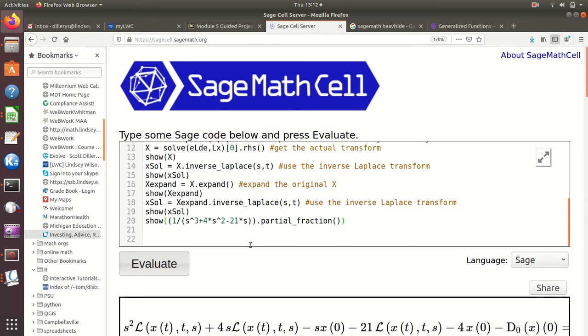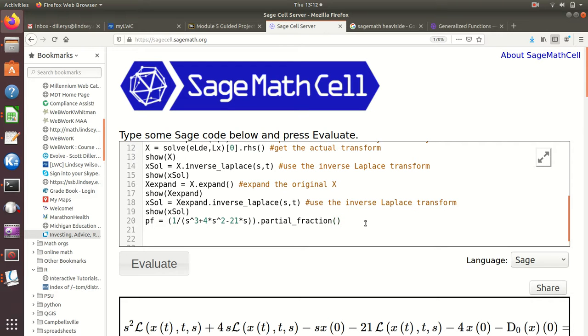So see, this is the brute force part. So I can do that partial fraction. Instead of saying show, I'm going to set that equal to, I don't know, PF for partial fraction. Get rid of this parenthesis.